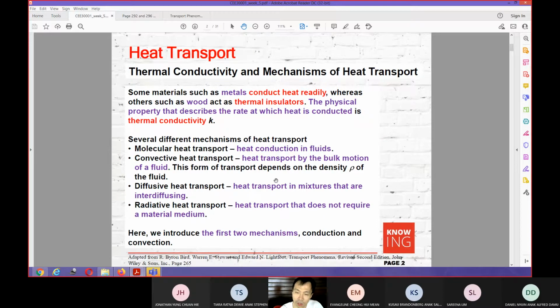Then you also have diffusive heat transport and radiative heat transport. For our discussions from week 5 until week 8, we are only interested in the molecular and the convective heat transport. We will not discuss the diffusive and radiative heat transport.